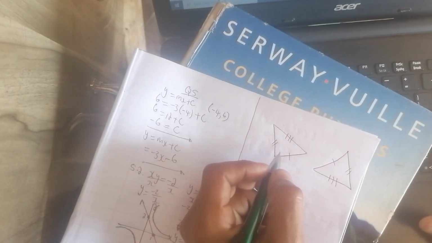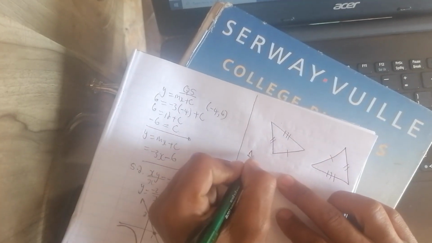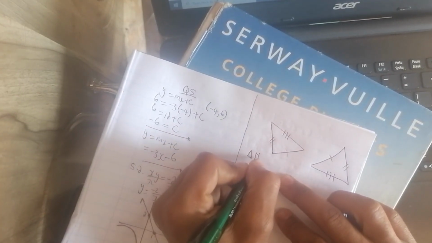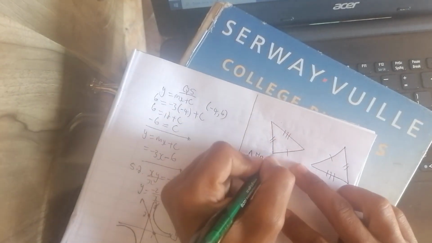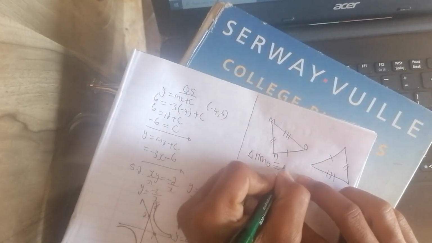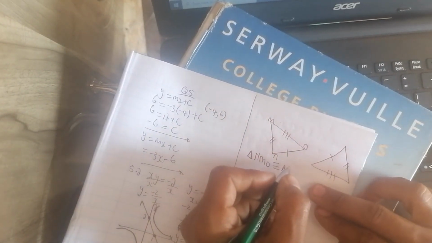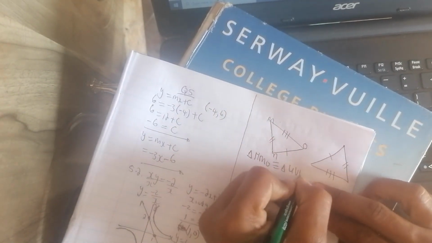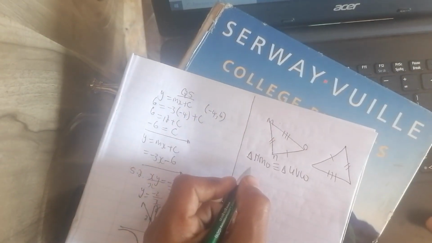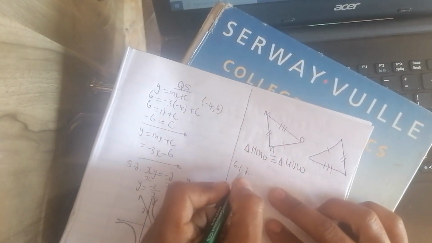So 6.1.1 is congruent, so meaning we are saying triangle NMO is congruent to triangle UVW. Good. And then we go to 6.1.2.